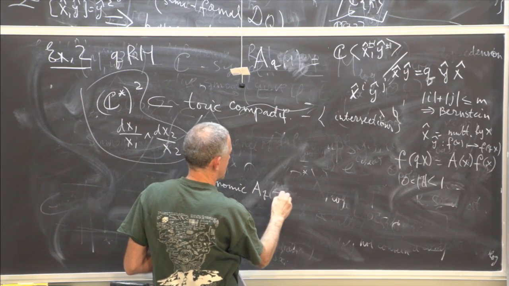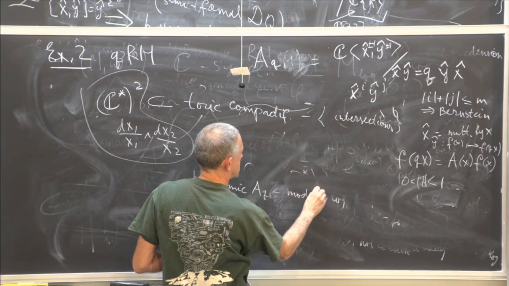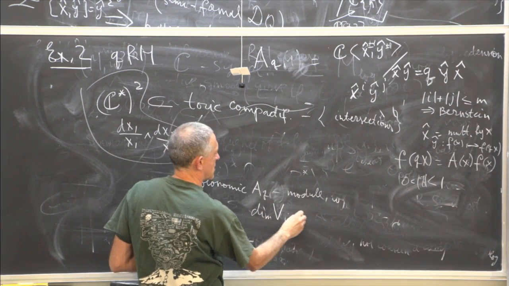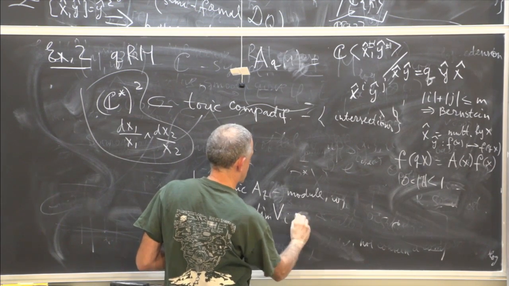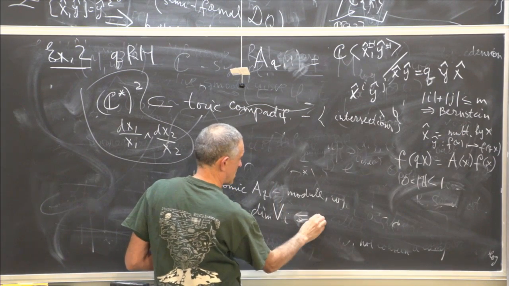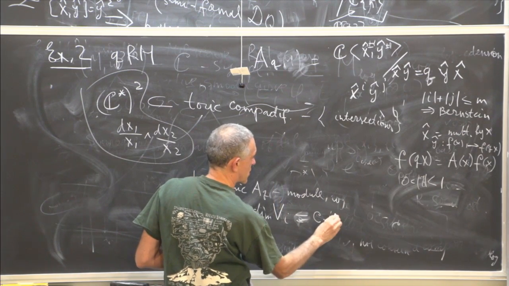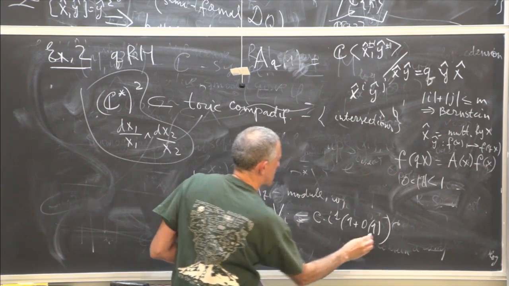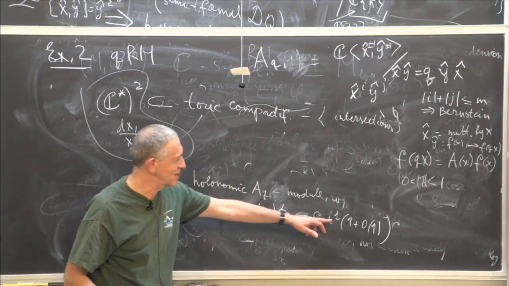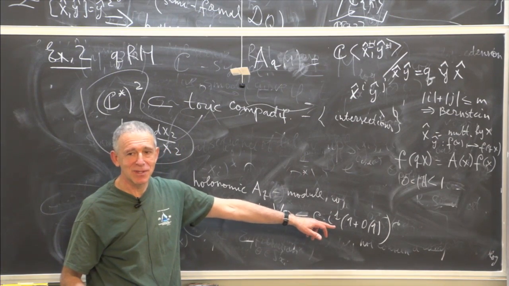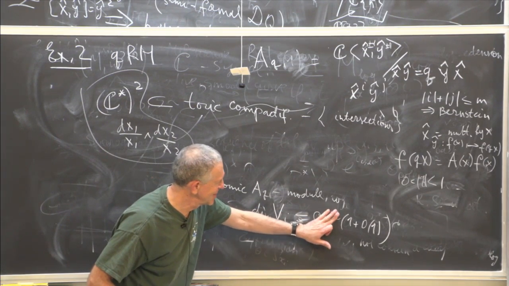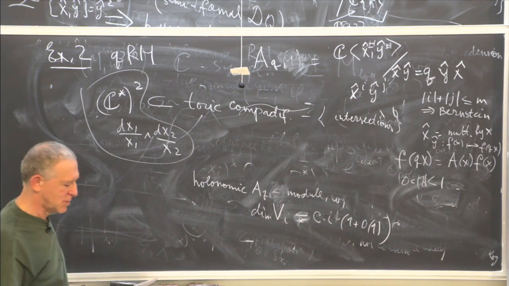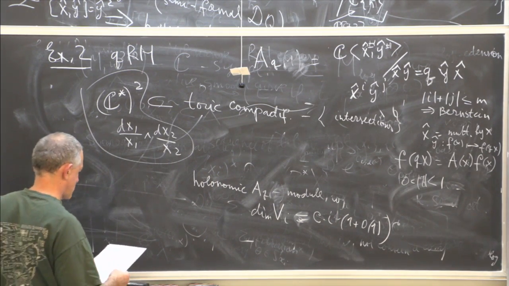So holonomic q-module has a filtration with growth like this. I put 1 here because if I have n, it will be n. But now I'm removing it. So it has linear growth with respect to the index.